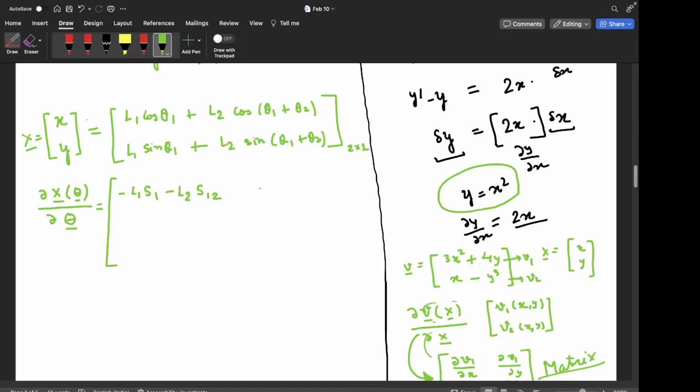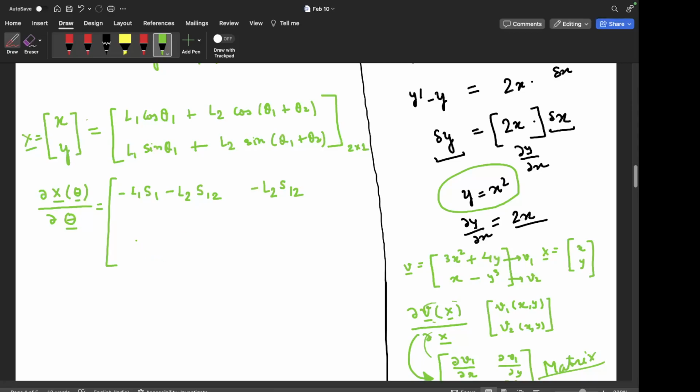Now first row, second element, which is the derivative of the first element of x with respect to theta 2, right? I would suggest you should also follow along with me for better understanding. So the derivative with respect to theta 2 is just in the second term, so it will be minus L2 S12, right?